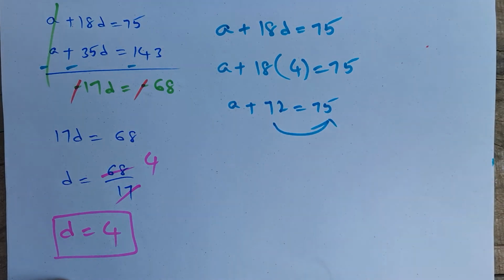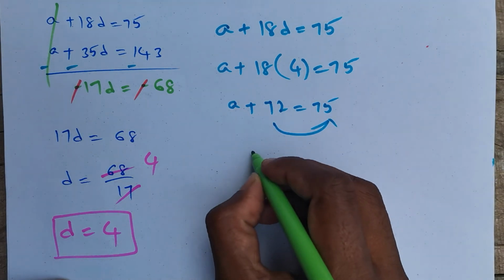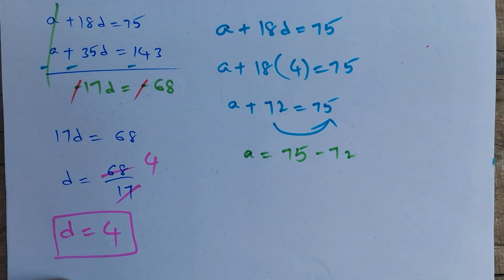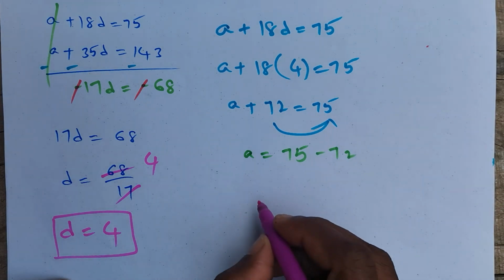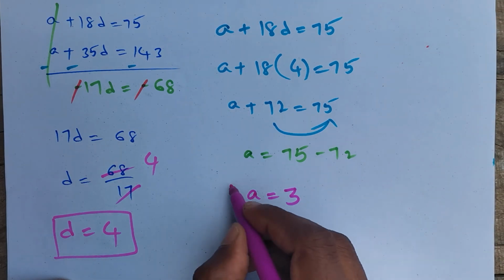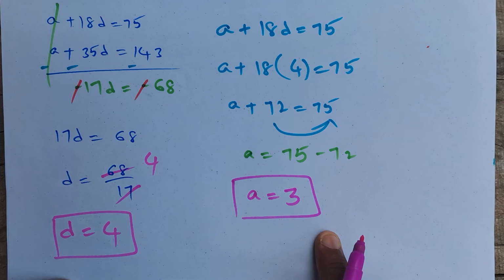Now I will take this 72 to the right side, then it will become minus. So A is equals to 75 minus 72, it is 3. A, nothing but first term, is 3, and d, common difference, is 4.